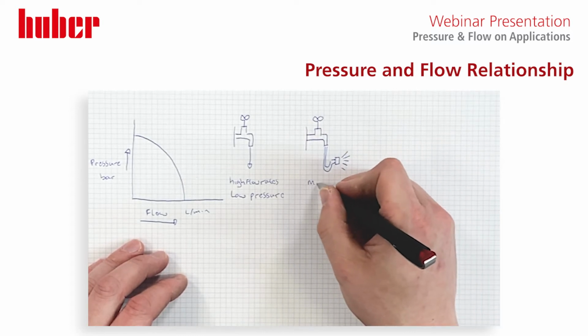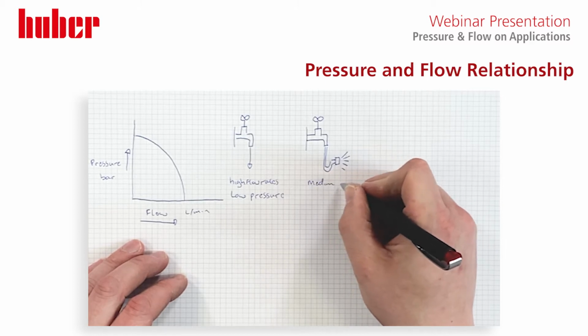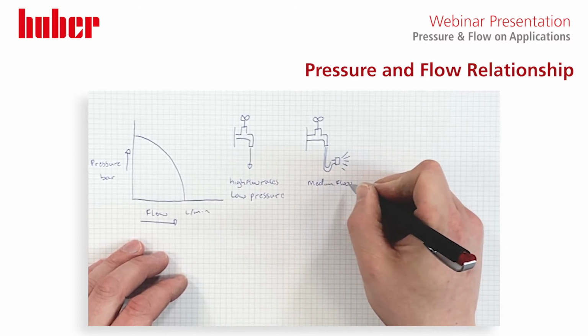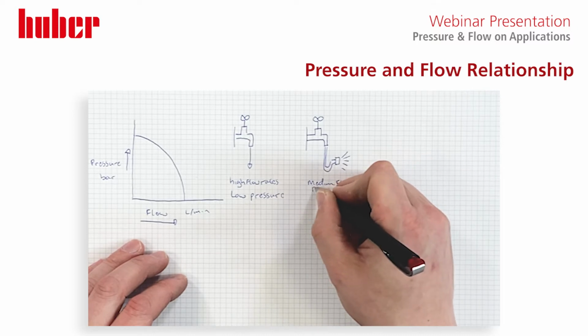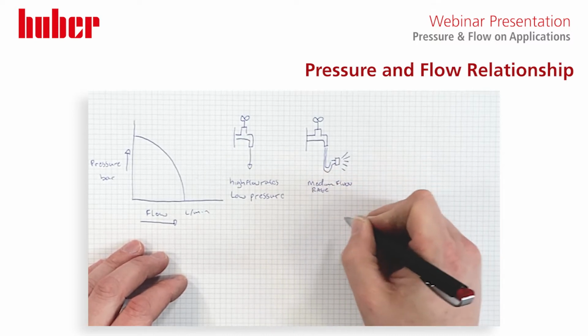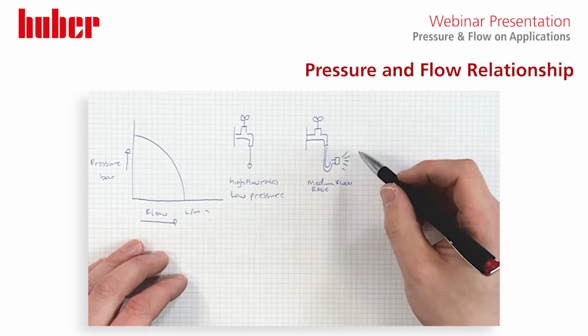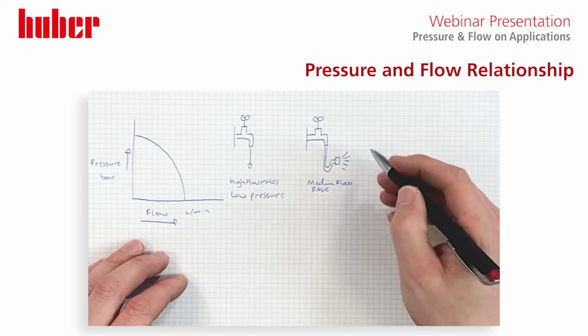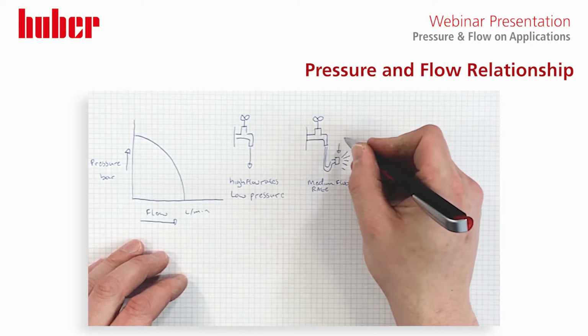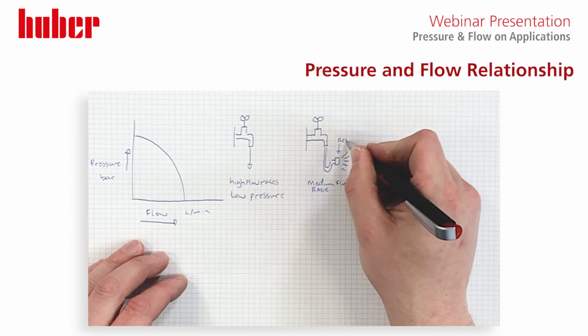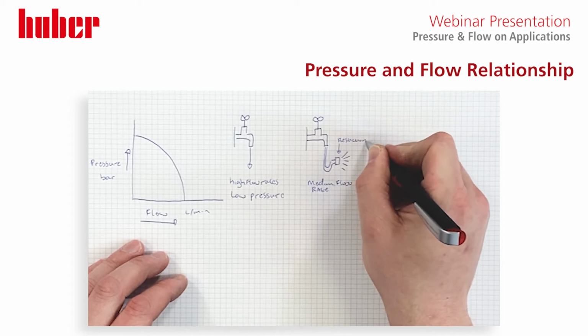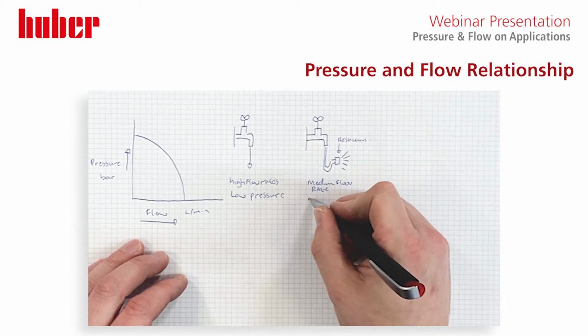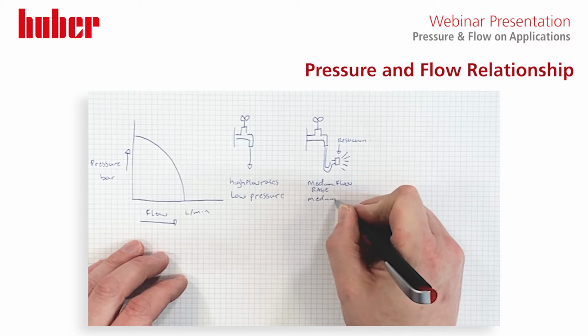We get a medium flow rate, but because we've got a bit of back pressure, so this is a restriction, we run a medium pressure here.